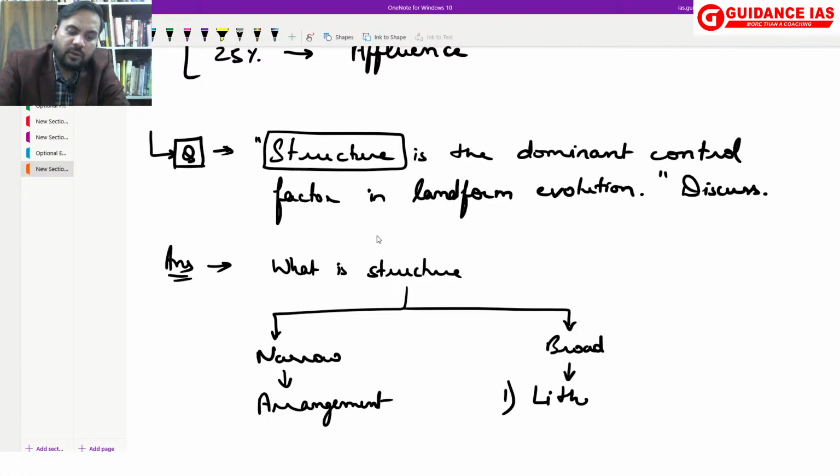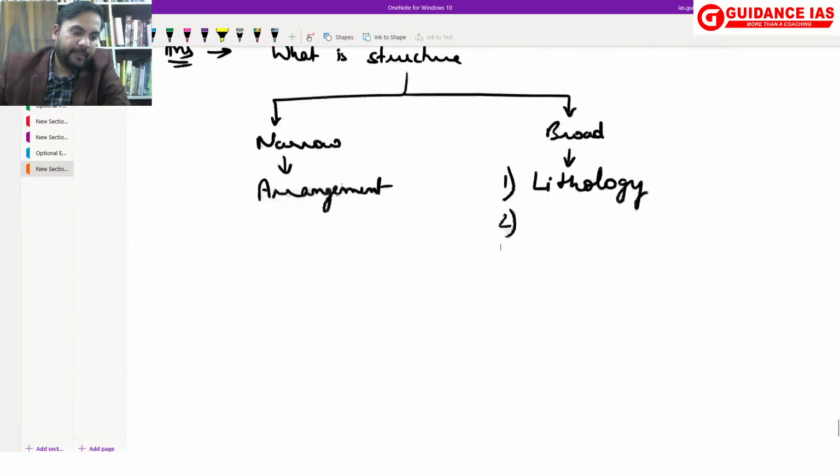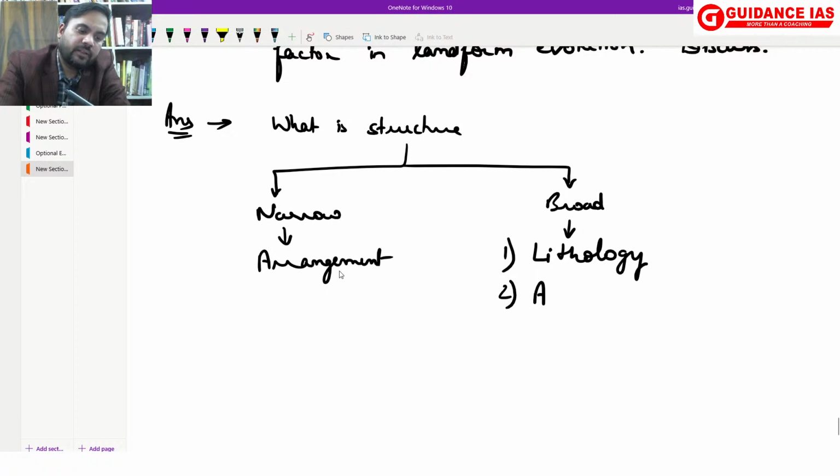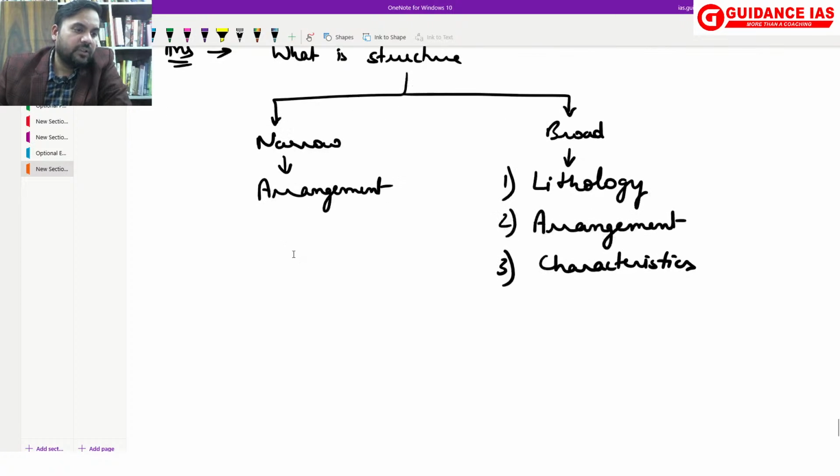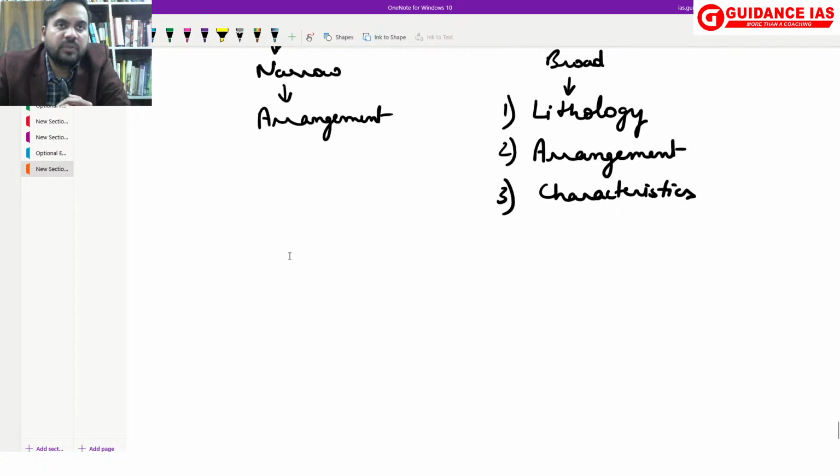One is lithology, second is arrangement, and third is characteristics.